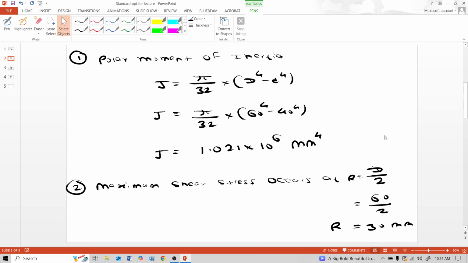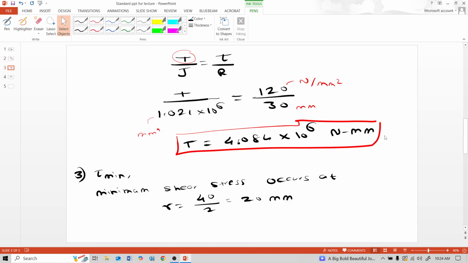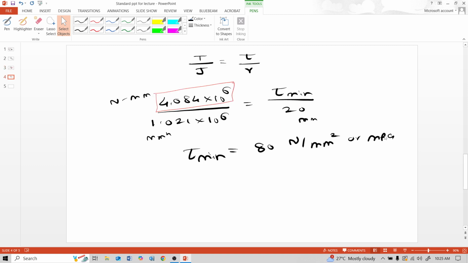We know maximum shear stress occurs at maximum radius, and we used the torsion formula T by J is equal to tau by R. Why don't we use G theta by L in this equation? Because we don't know the angle of twist and we don't know the shear modulus. And minimum shear stress occurred at small radius, and by using the same torsion formula we found the minimum shearing stress of 80 Newton per mm square.